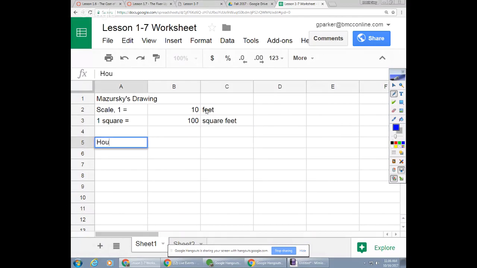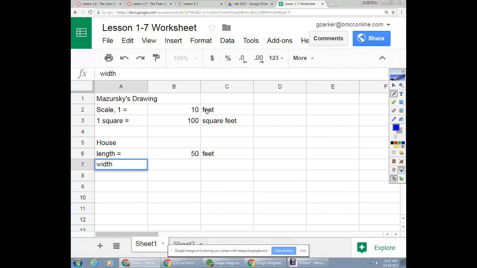And then as far as just the house is concerned, I'm going to say it has a length of 50 feet. And again, when I work with a spreadsheet, I not only write down the numbers, but what they mean. Okay, and so here I have what I'm describing, and then I'm going to put the units next to it. And I don't want to put the units with the 50 because I want to be able to multiply by the 50. And typing 50 and feet in the same cell is going to screw things up.